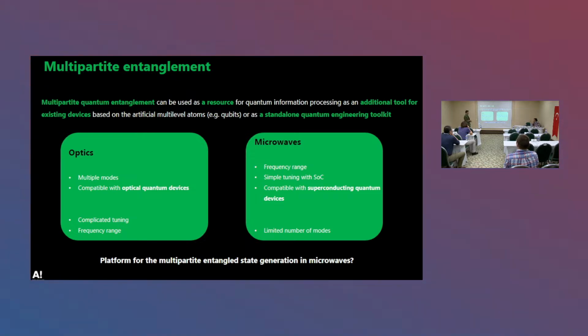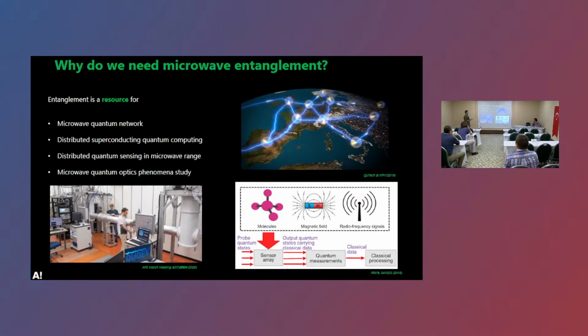So here I will tell about the platform for the generation of multipartite entanglement in microwaves, and why we're interested in microwaves. There are multiple applications, as I mentioned, such as networking. Distributed superconducting quantum computing is also a hot topic. Here you can see an example where a group at ETH had two fridges connected through a huge tube, and they tried to entangle different systems through this tube.